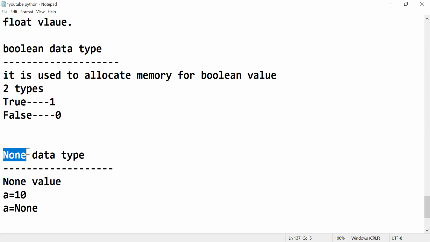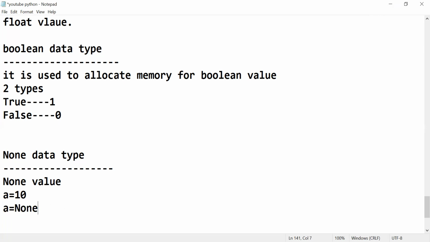This is the none data type. If a variable doesn't hold any value, it is represented as the none data type. Here the variable a holds the value 10, so it does not come under none value. But here the variable a holds the value none, so it comes under the none data type.